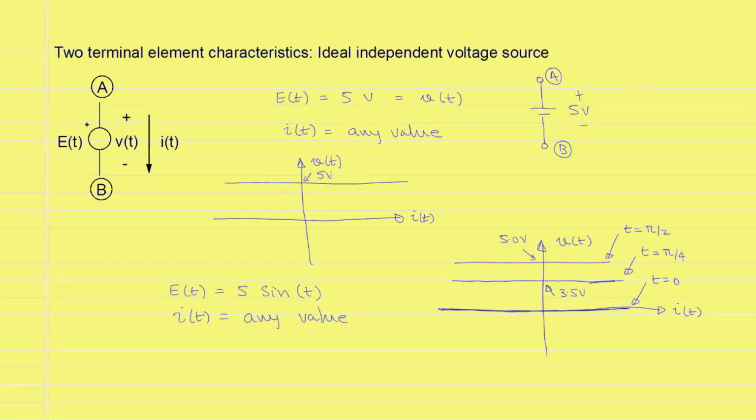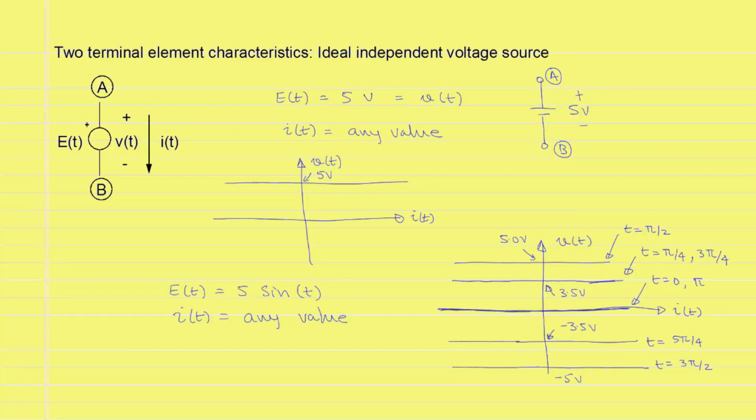And so on. At t is equal to 3 pi by 4, it will reach 3.5 volts again. This process will continue and the value of the voltage source will keep changing with time and the characteristics will be changing with time as well. Once again, the key idea is that the voltage of the source is known or specified and the current through the source can be any value.